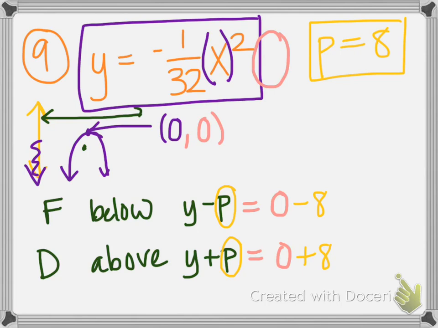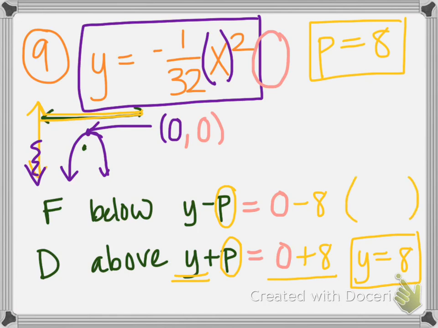Now a directrix is a line, and in this case, the directrix is a horizontal line. So we're going to use this y here again and say y equals 0 plus 8 is 8. That's our equation for our directrix. For the focus, we have an ordered pair.